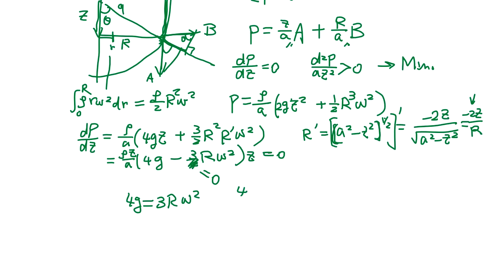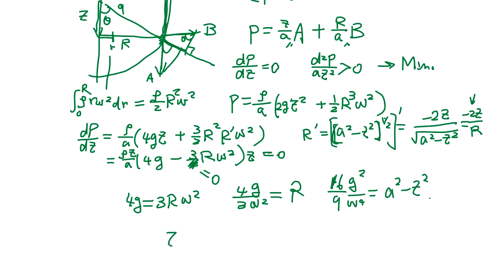So 4 over 3 omega square, g is R. And if you take the square, I mean 16 over 9 g square over omega 4 is going to be A square minus z square.